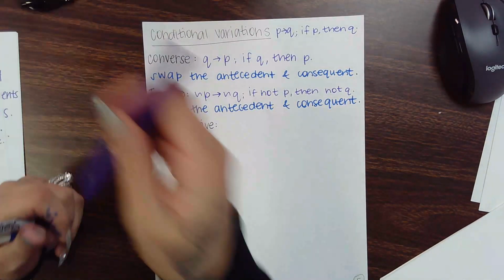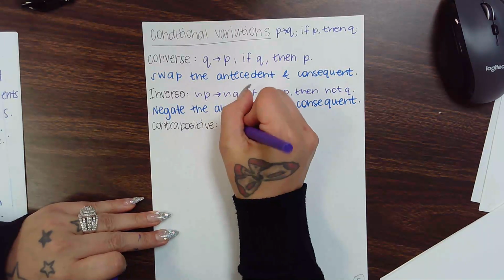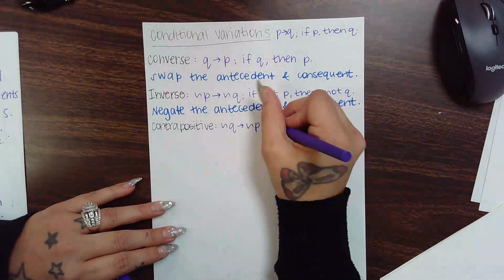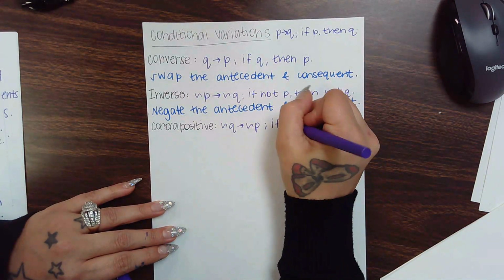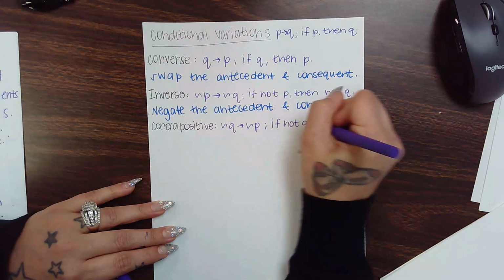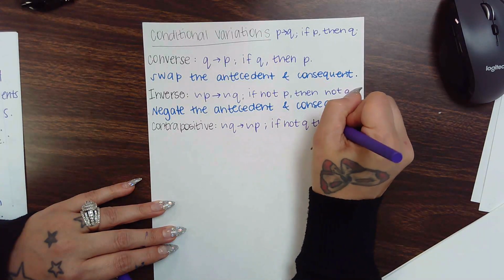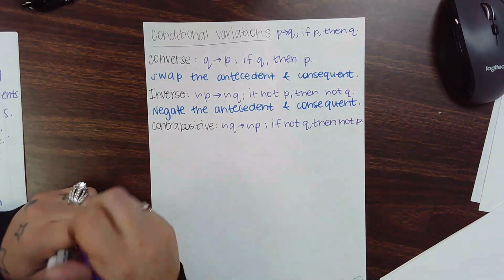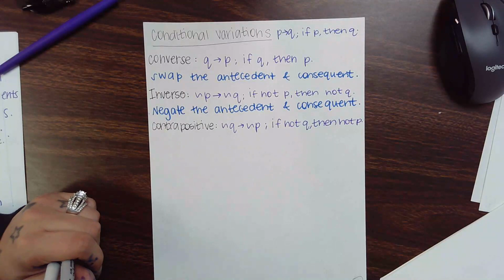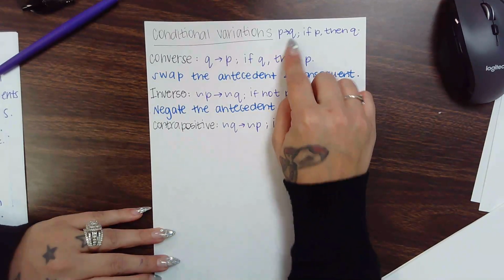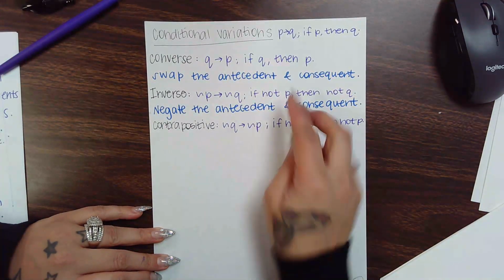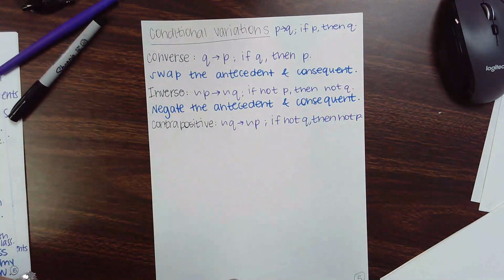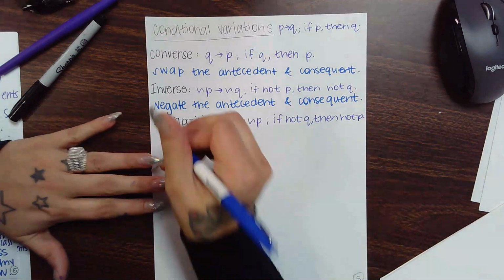And this one goes: if not Q, then not P. You look at the original, what did I do? It looks like Q and P were swapped, and they both were also negated. So swap and negate the antecedent and consequent.